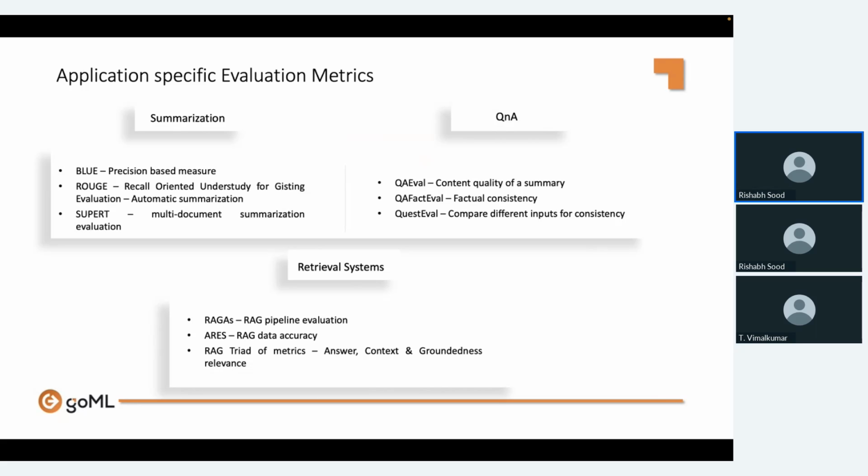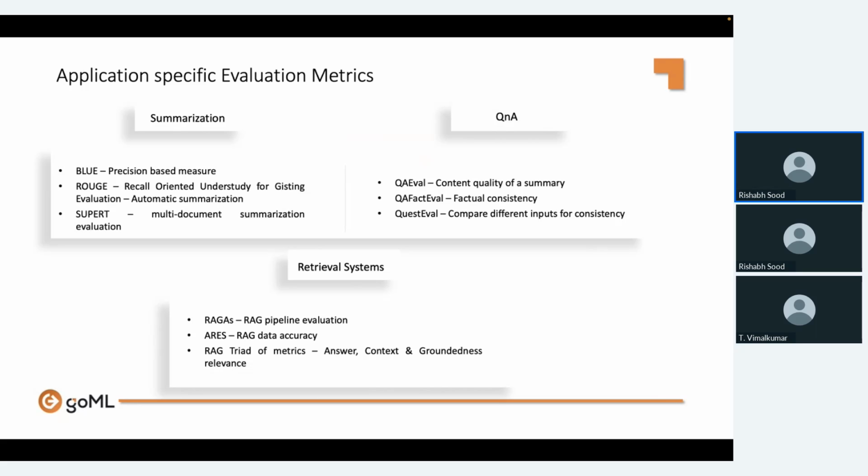A lot of the systems that we are building today are still question and answer systems. While they are not generic or traditional question and answer chat agents, they are still context-based chat agents that respond to queries. So there also we use three metrics: QA Eval, which is primarily the content quality of the answer that has been generated, and then QA FactEval, which is very critical because most of the questions that come onto these models need to be answered based on the underlying facts of the data that has been referred to, right?